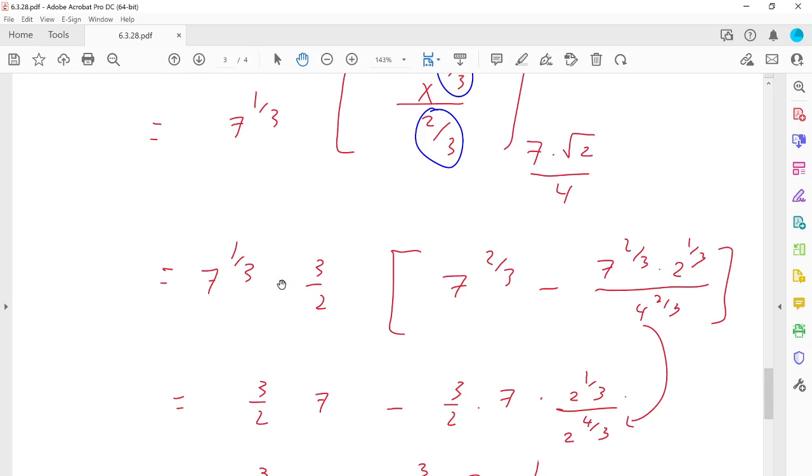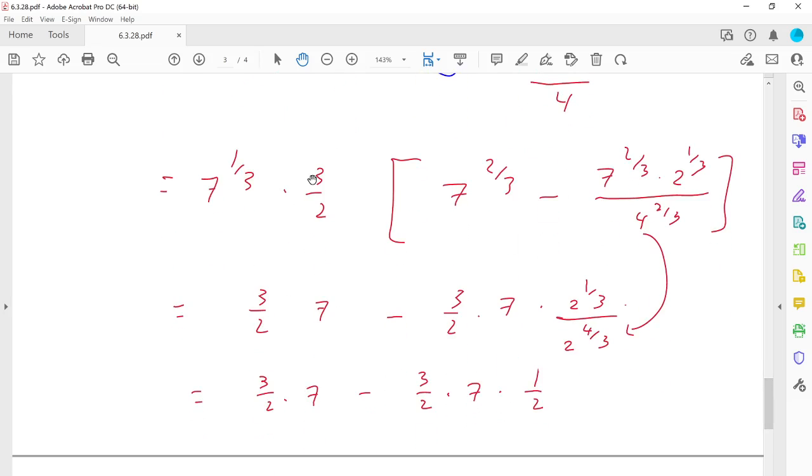If I distribute this to the first term and then the second term, it will give me 3/2 from here. 7^(1/3) and 7^(2/3) gives me 7, minus 7^(2/3) and 7^(1/3) still gives me 7. 3/2 comes from here. Now we just need to simplify this here. 4^(2/3) can be written as 2^(4/3), and there is a 2^(1/3).